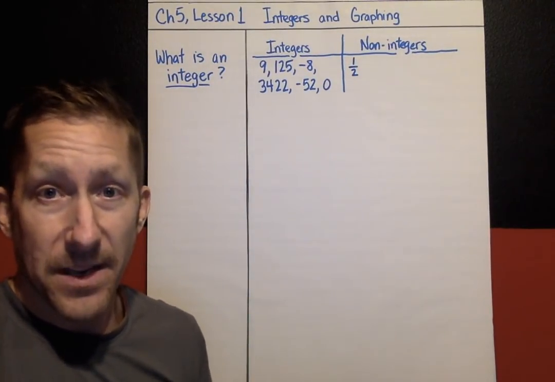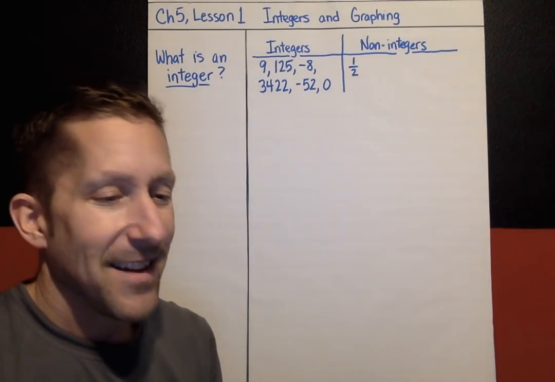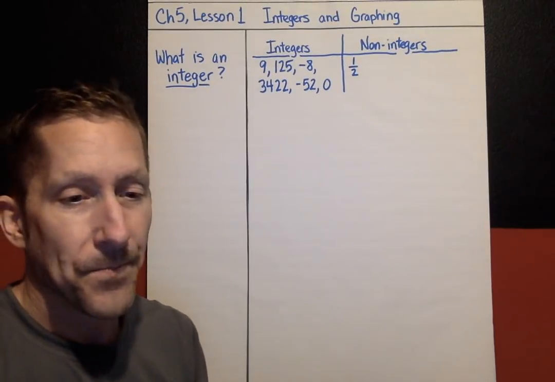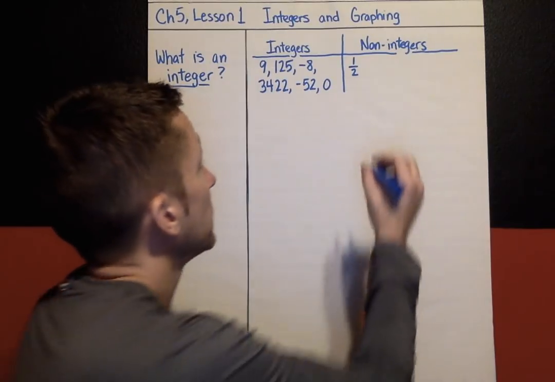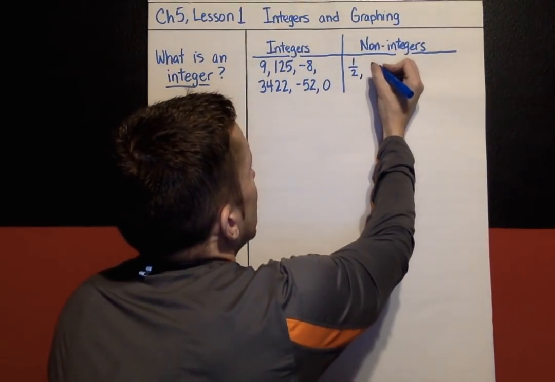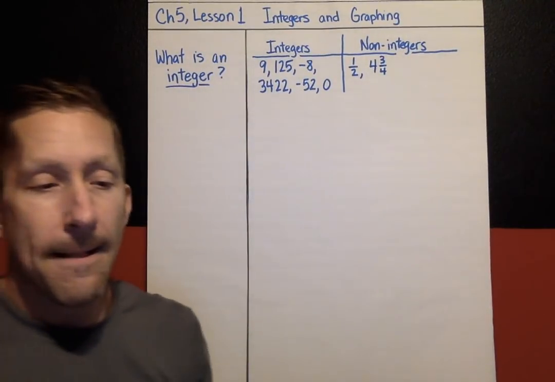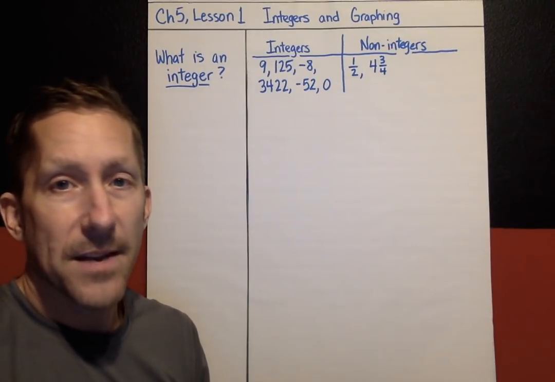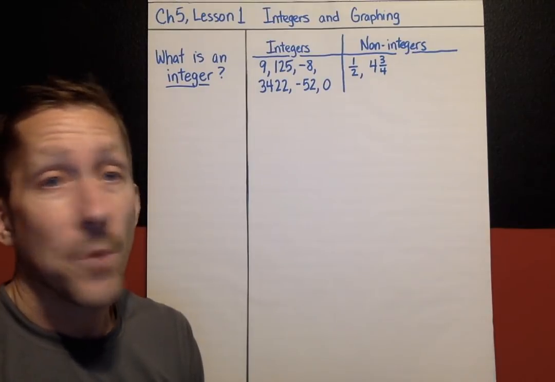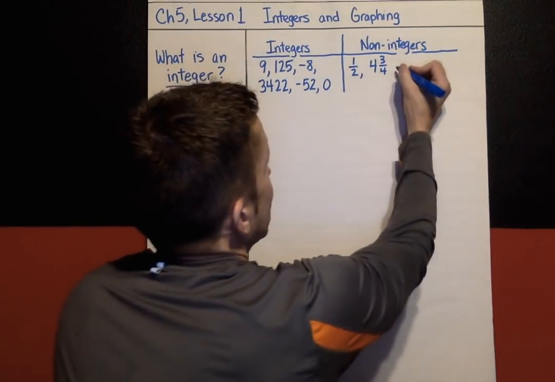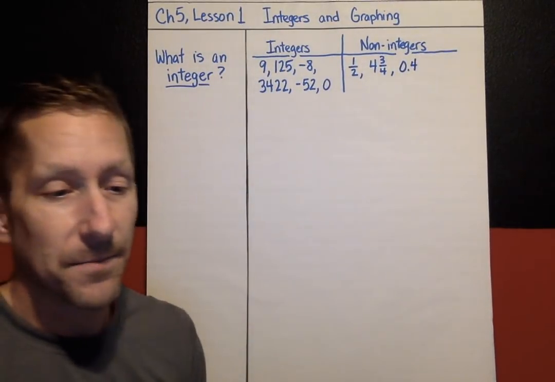So now, after one kid gets a non-integer, usually a lot more examples come quickly. Matthew, give me another number. 4 3/4 is not an integer. Brea, give me a number. 0.4, a decimal. 0.4 is not an integer.